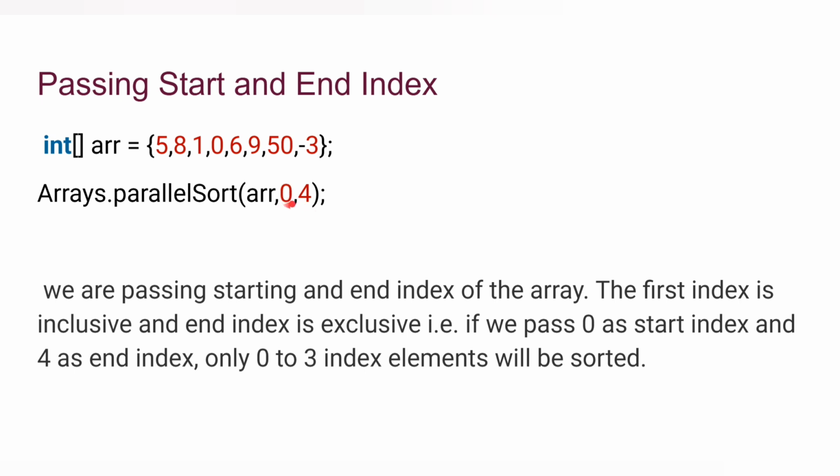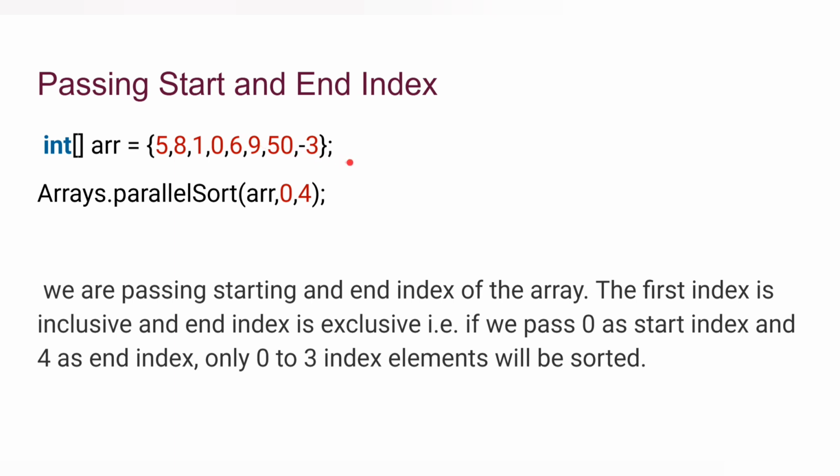The start index is inclusive, so when you provide 0, it starts from the 0 index position. The end index is exclusive, which means if you say 4, it will sort till index 3: 0, 1, 2, 3. Only these 4 elements will be sorted, and other elements will remain the same.